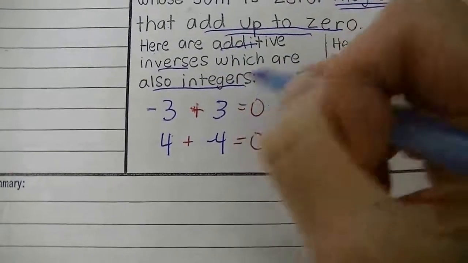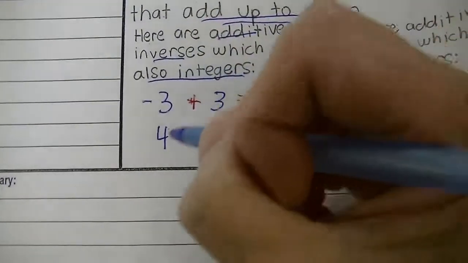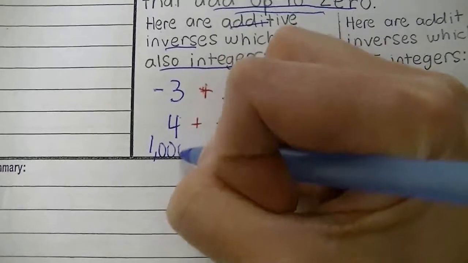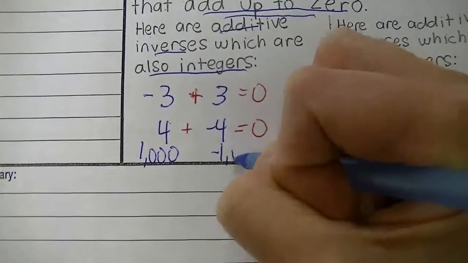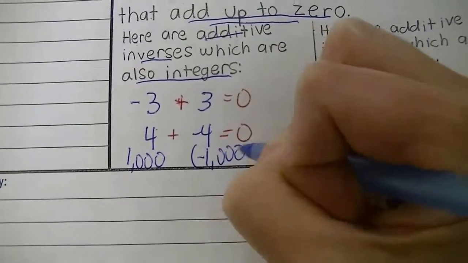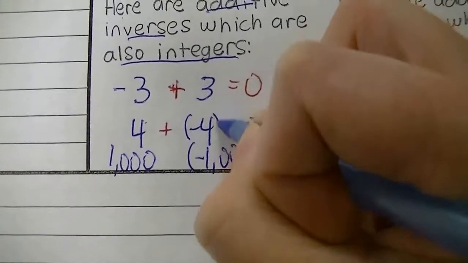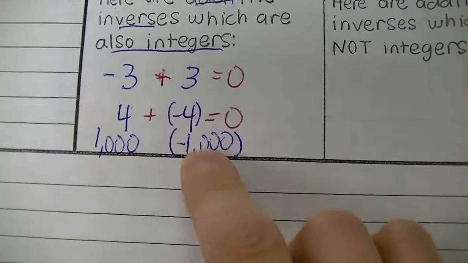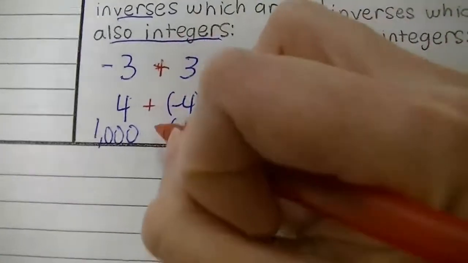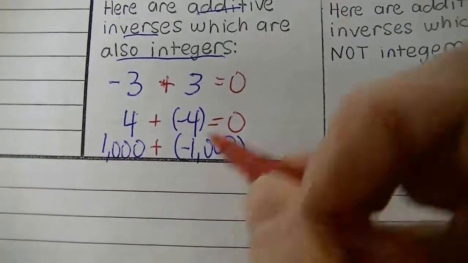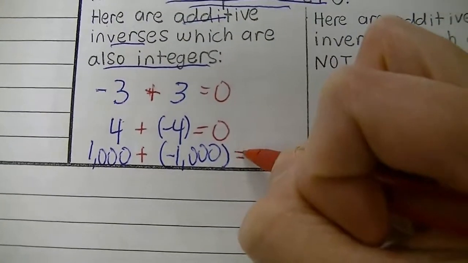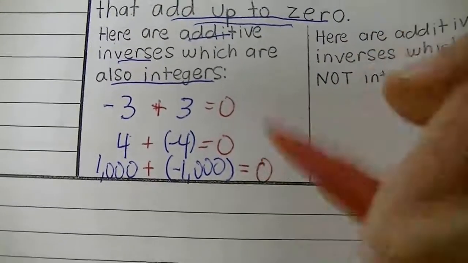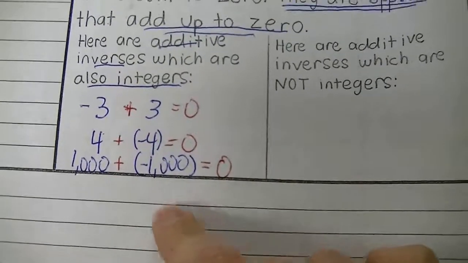Another example would be 1,000 and -1,000. I'm putting parentheses around those negative values just to show you that that's a -4 and that's a -1,000, in case you're wondering what I'm doing. So 1,000 and -1,000 are also examples of additive inverses which are also integers. See how their sum, when you add them together, is 0.